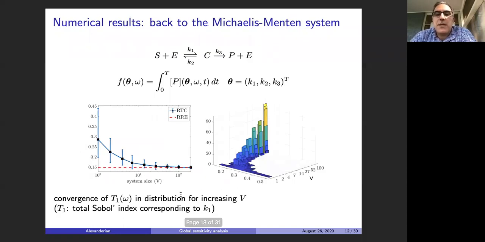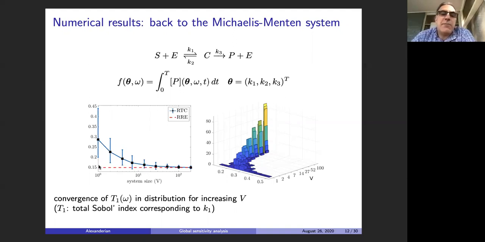All right. So let's do it. Let's go back to this Michaelis-Menten. I just wrote the system in one line here, and I remind you of the quantity of interest that we considered. So what I'm looking at here is the convergence of the so-called total Sobol indices. I didn't define the total Sobol index earlier, but it's related to the first order indices.